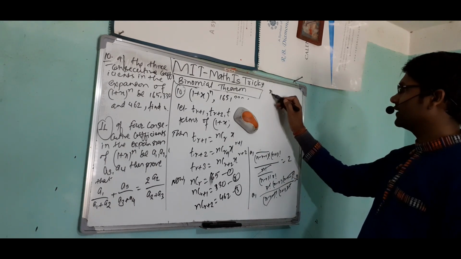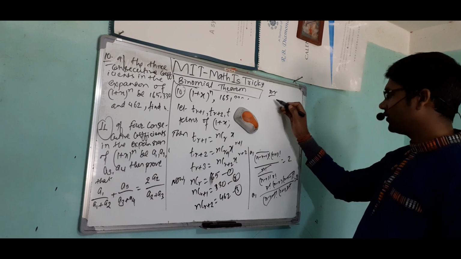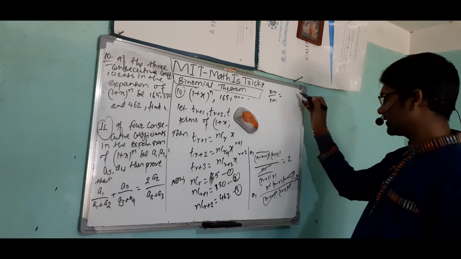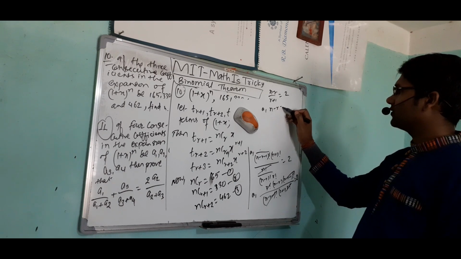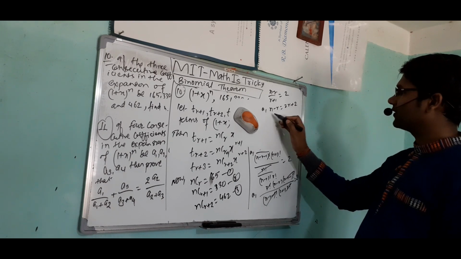From this we get (n minus r) by (r plus 1) equals 2, which gives n minus r equals 2r plus 2.